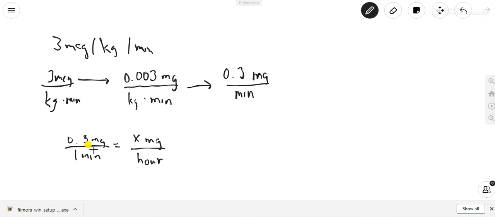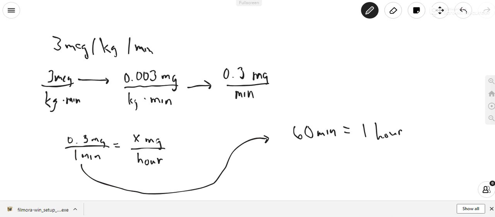So we have 0.3 milligrams in 1 minute equals X milligrams per hour. So we first need to figure out how to get our units the same on the bottom. So what we'll do is we'll convert 1 minute into hours. So we know that 60 minutes equal 1 hour.